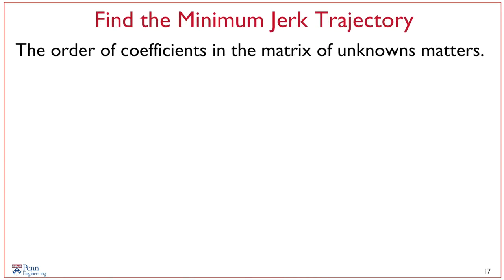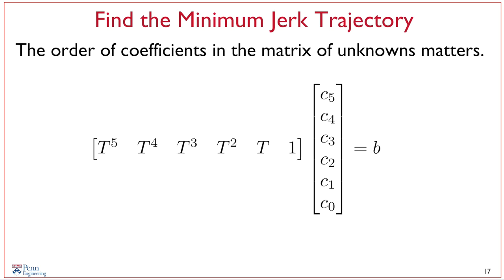It is important to notice that when transforming the boundary condition expressions into matrix form, the order in which we place the unknown coefficients matters. We must ensure that all coefficients are matched up with the right constants. For example, in our example, the matrix expression for the position constraint at t equals big T was this.